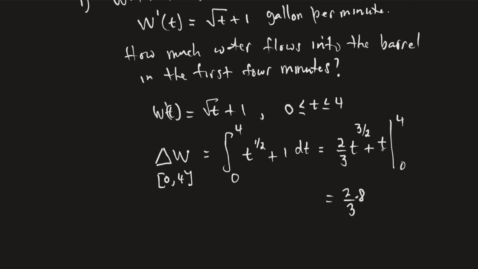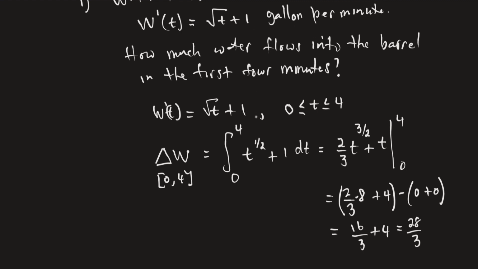And then plug 4 in there, that's another 4. And then at the lower limit, both terms evaluate to 0. So this is 16/3 plus 4. Well, 4 is 12/3. So this is 28/3. And then the units would be just gallons, right?